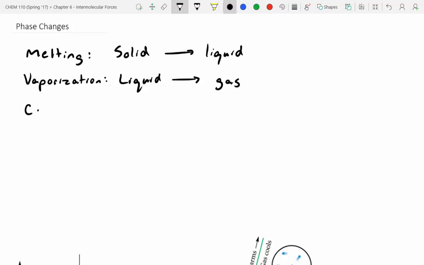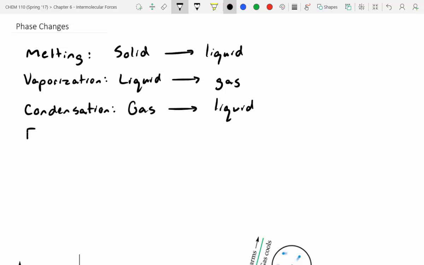All right, and then we've got condensation. If you think about condensation at home, that's when you get moisture on your windows or moisture on the grass. So what do you think's occurring there? Yeah, gas to a liquid. Not too hard.